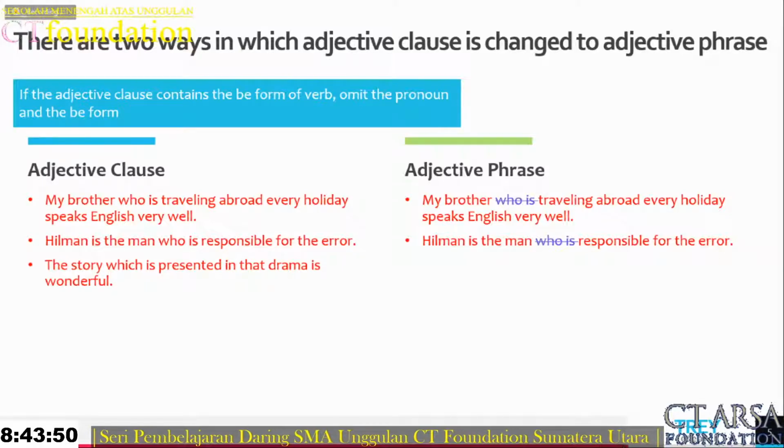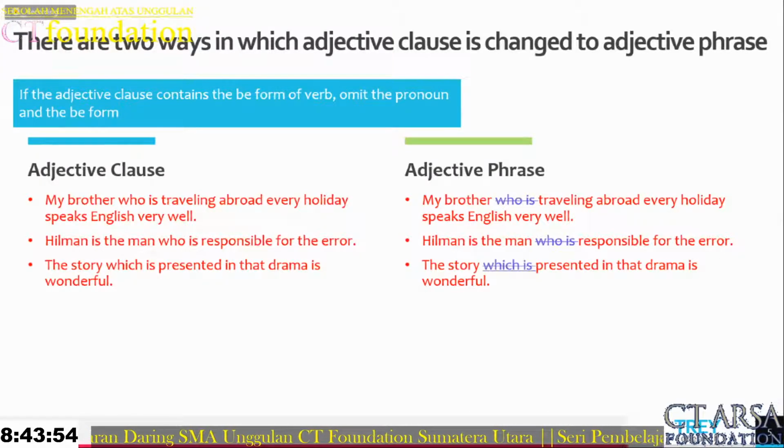So we drop the relative pronoun and also we drop the be form. Okay, so this is the adjective phrase. Okay, you have any question? No? Then we continue to the next.